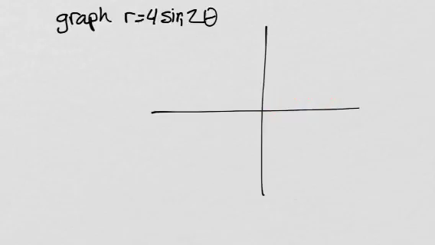Okay, so let's think about what's going to happen. The first thing I notice is we've got this sine of 2 theta. Don't worry too much about that 2. We'll talk about it in a minute, but basically we're just plugging in angles, and the only angles we can plug in are the angles from 0 to 180, because each one is going to get multiplied by 2, and that's going to take us all the way to 360.